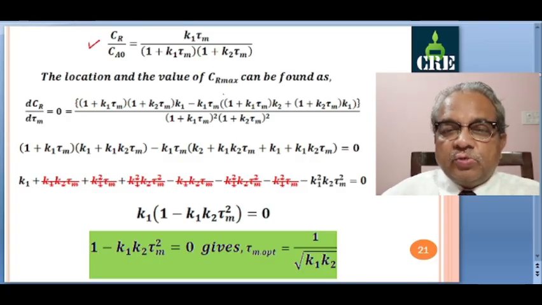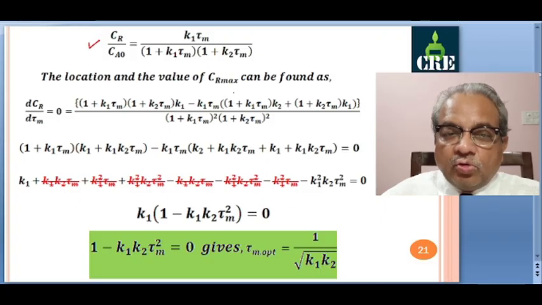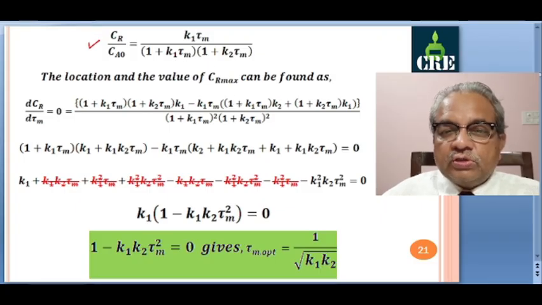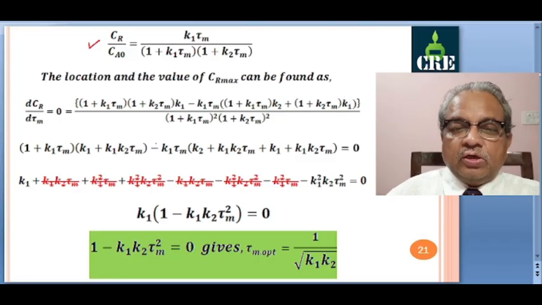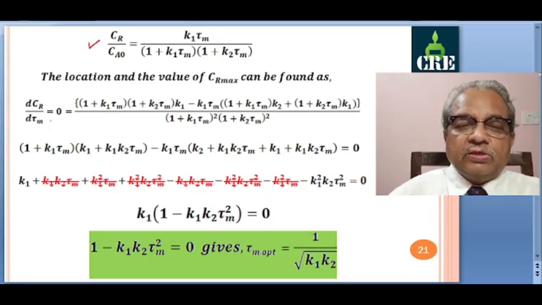K1 tau m is there, multiplied by, you put a big bracket here, the derivative of the denominator. So you have to apply the product rule in this question. The first function 1 plus K1 tau m into the derivative of the second, which is simply K2, plus the second function 1 plus K2 tau m into the derivative of the first, which is simply K1. So you solve this expression in the numerator. The denominator you don't bother about because anyway it is equated to 0.